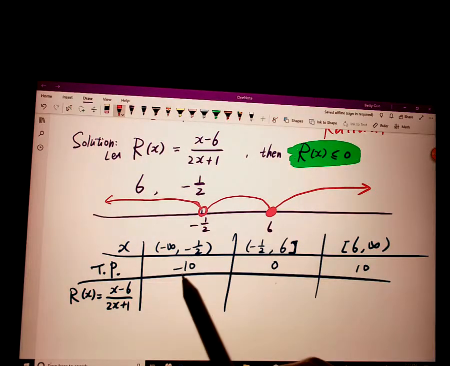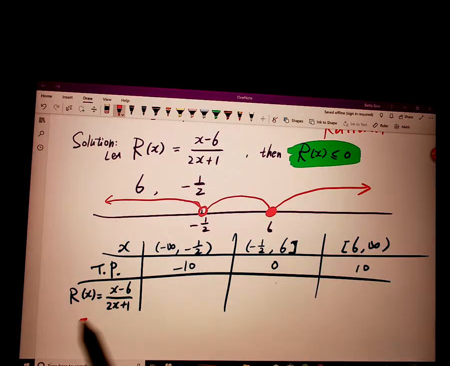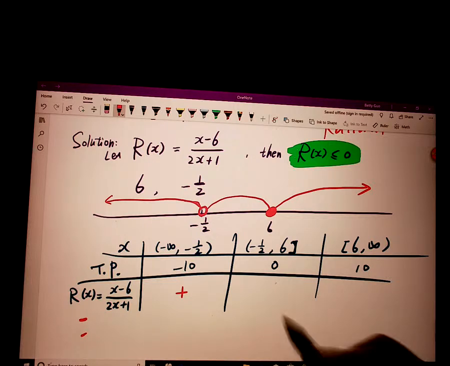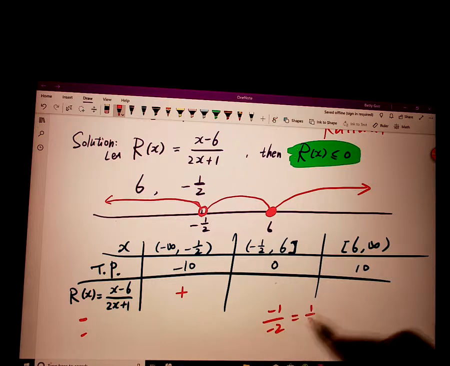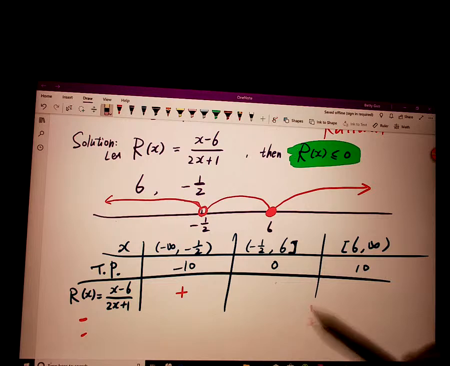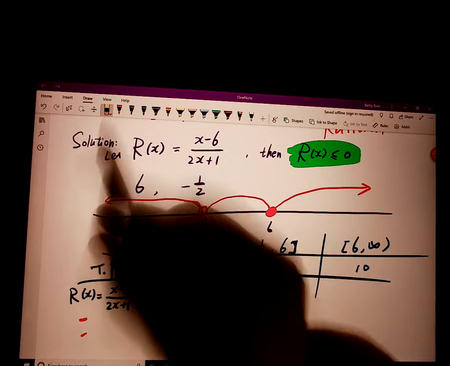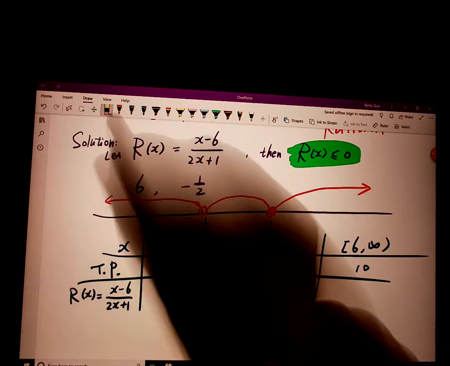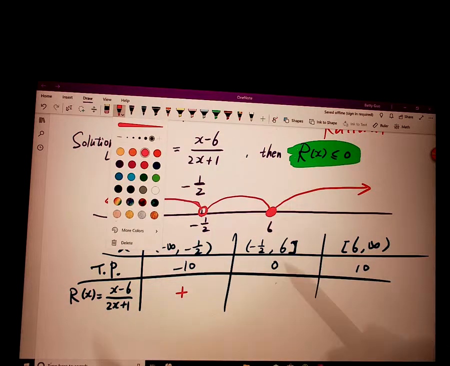Plug in negative 10. The numerator is negative, the denominator is negative. Negative over negative, we have a positive. We know that, right? For example, negative 1 over negative 2 is a positive half. A negative number divided by a negative number gives you a positive quotient. Plug in x equals 0.